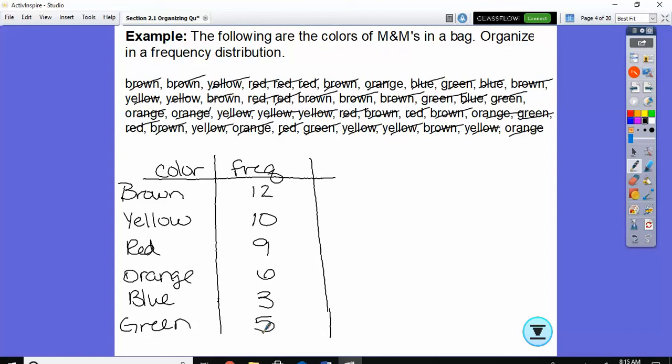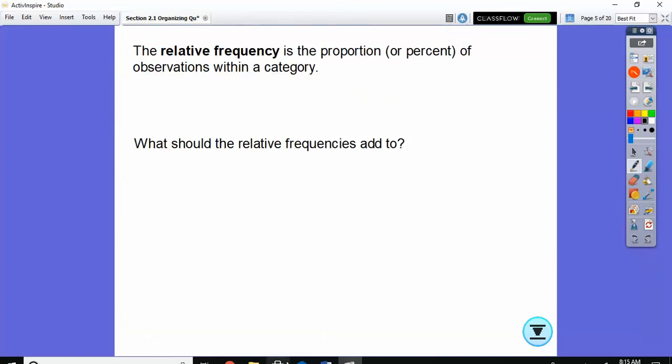Any questions about that? I may ask you to find a relative frequency. So relative frequency is just the proportion, or like the percent of observations. In other words, it would be like saying, okay, I saw brown 50% of the time.